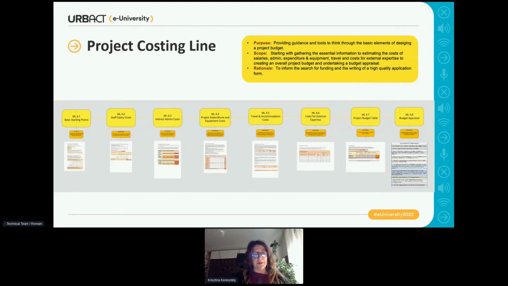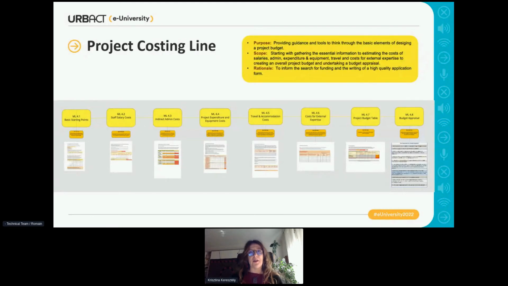The first step that we created in the line is putting out the basics, so the basic activities, the basic elements of the project, just to have an overview of our project. Then we have 5 steps which are related to each of the headings of the budget.